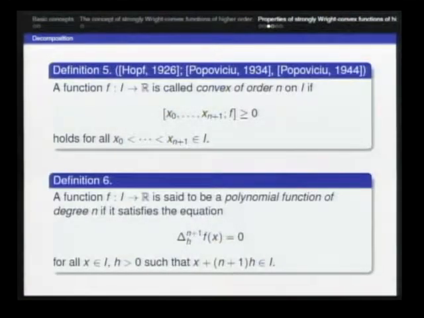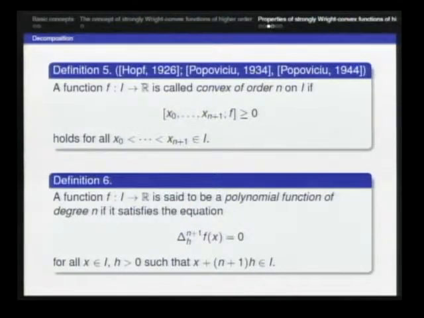And the other definition is the definition of polynomial functions of degree n. Such a function is called a polynomial function of degree n if it satisfies this equation here, where the delta operator is the linear delta operator here again.